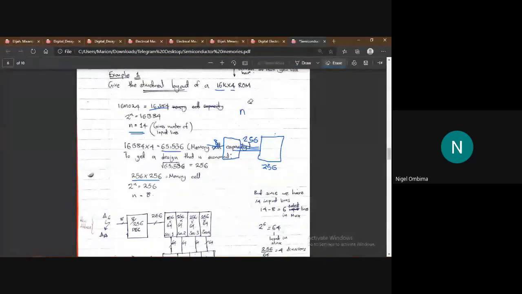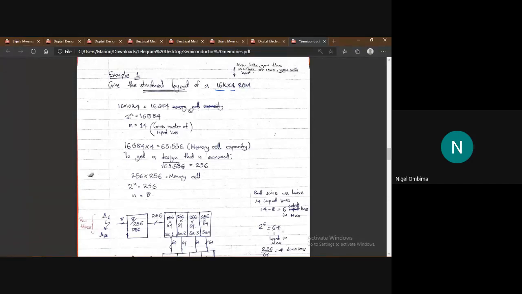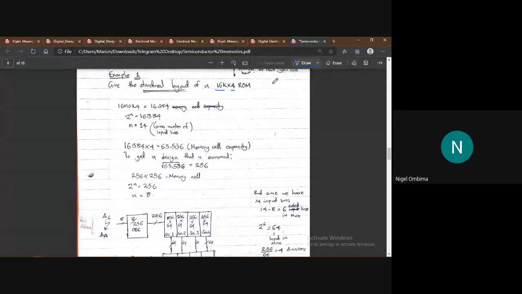Like here, we're supposed to design a ROM that gives a structural layout of a 16K by 4 ROM. Initially, we started by finding the number of input pins that give data into the ROM.